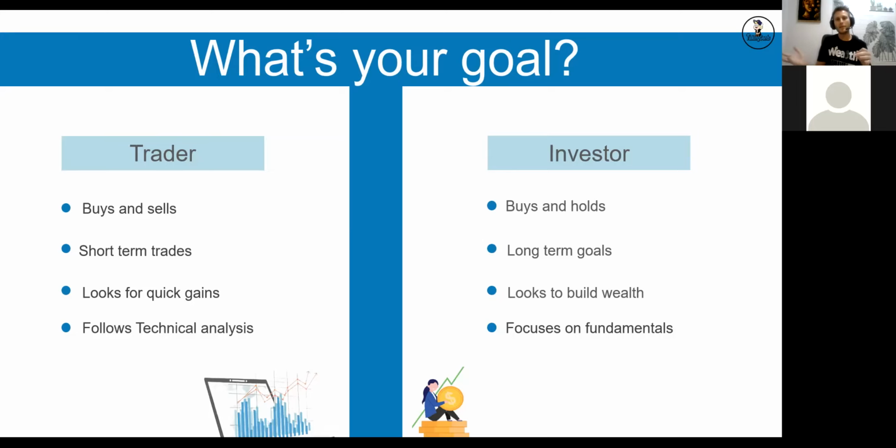On the other hand, if you're an investor, you're buying and holding for the long term. You're aligning your investments with your goals and you're looking to build wealth over that long term. And you focus on fundamentals of the companies. Now, I'm not saying you have to be one or the other. You can be a combination of both.